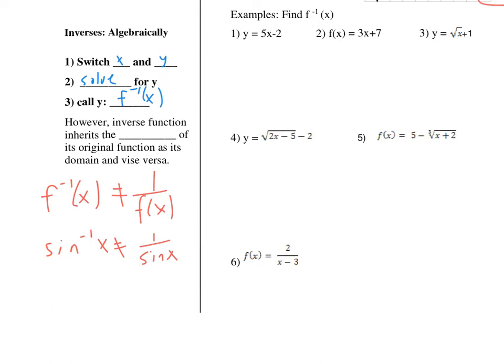Sine inverse was when we were looking for the angle, whereas the one over sine x we define as cosecant. Same idea: when we use this -1 power with a function, it does not equal this 1 over thing.